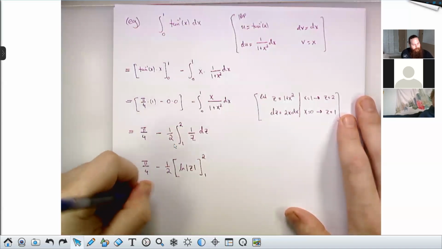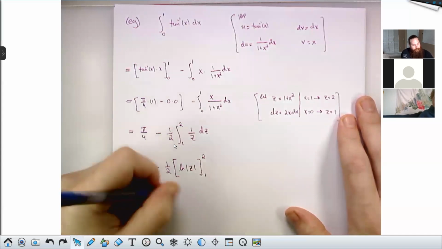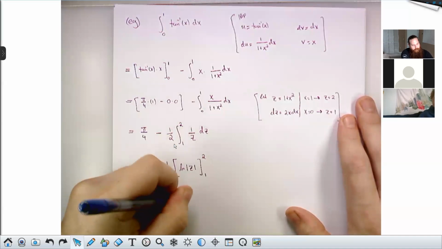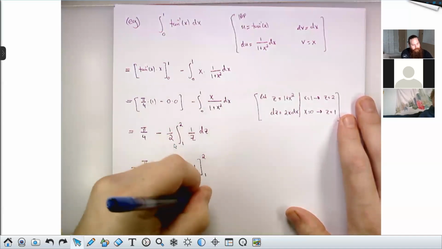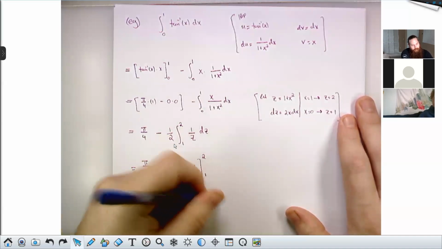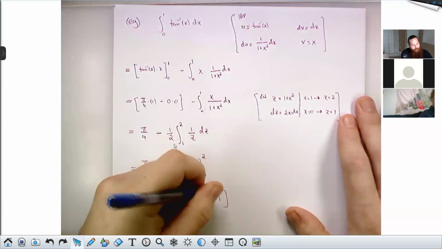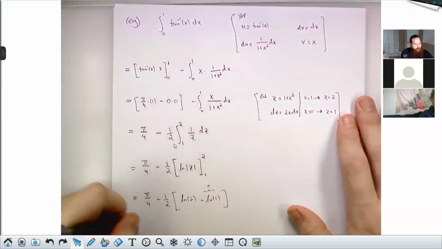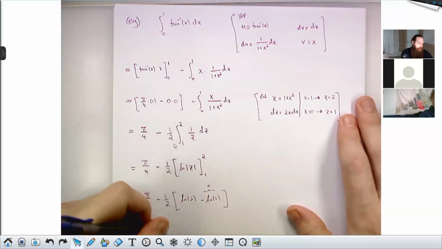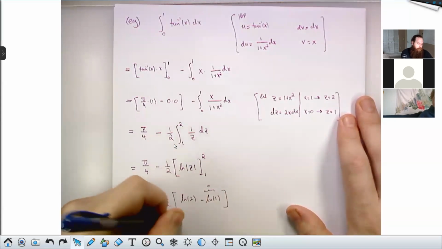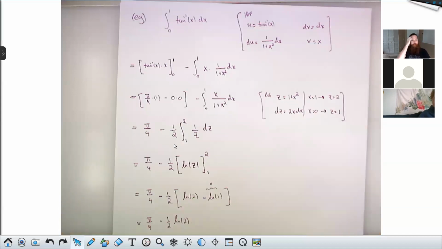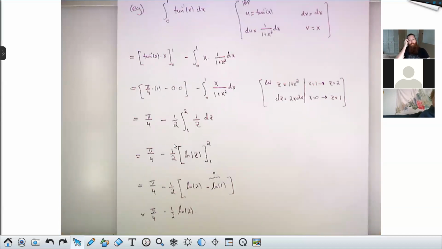So this is pi over 4 minus 1/2 times the natural log of 2 minus the natural log of 1, and the natural log of 1 is 0. So this is pi over 4 minus 1/2 times the natural log of 2. And that's the integral of arctan from 0 to 1.